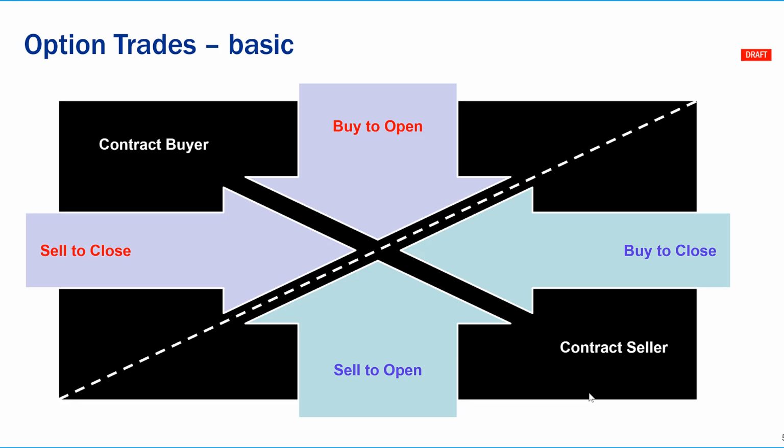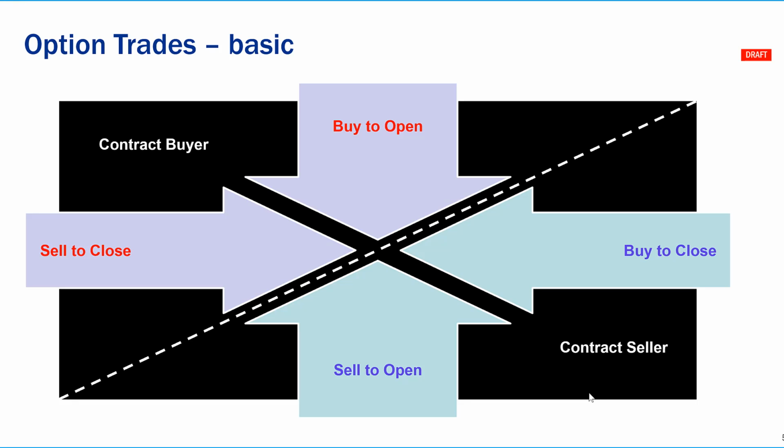If it's not a covered call, for example, and we'll explain that later, the seller did not have the stock in the first place, so they have to go buy it in the market and then provide that stock to the buyer. So if you don't want to hold it till the end, you can buy to close. You buy the same number of contracts and close what you had sold to open. We'll go into more detail as we go through the lessons, but these are the four categories.